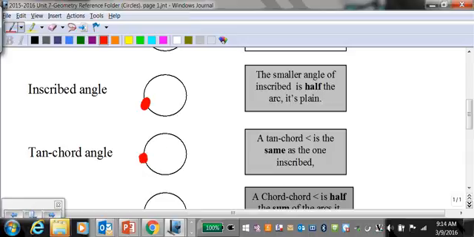In an inscribed angle, the vertex is on the circle. In a tan chord, the vertex is on the circle. If the vertex is in the same position, you're going to have the exact same equation. That's helpful because honestly, you only have 4 equations to memorize.